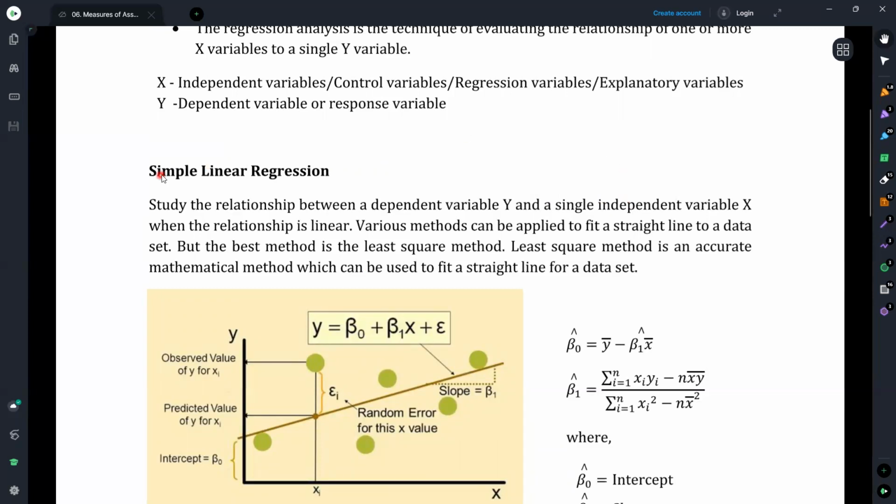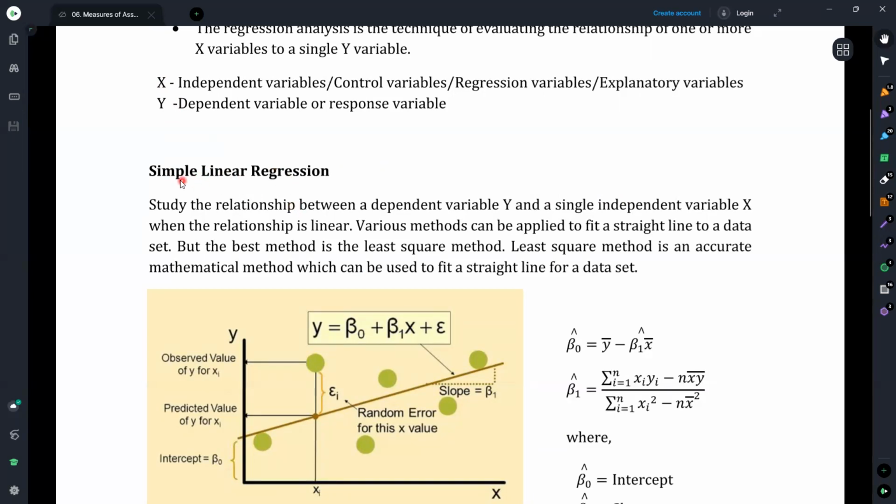If we are using one independent variable, generally with one dependent variable, then we name such a regression simple regression. But if the regression is in linear form, then we can include the term linear as well in the name.